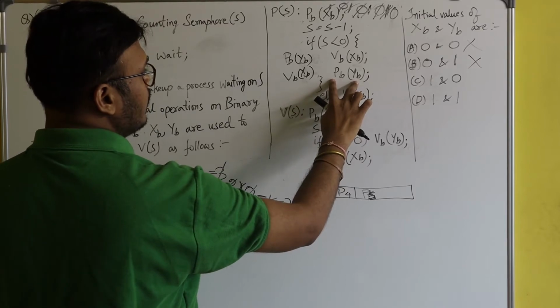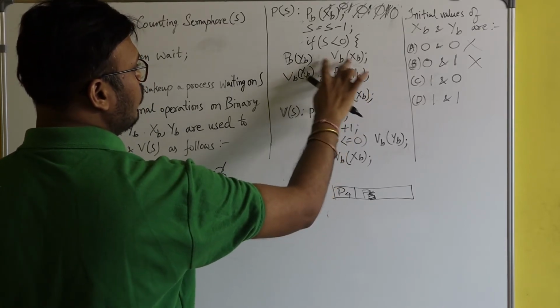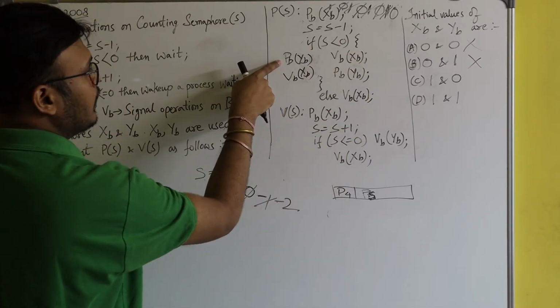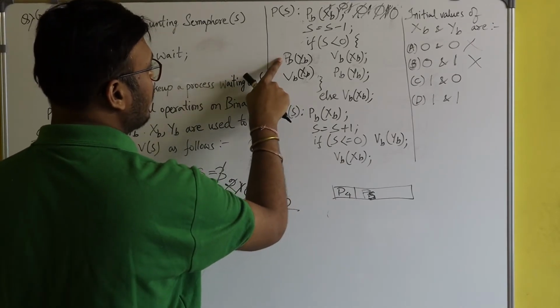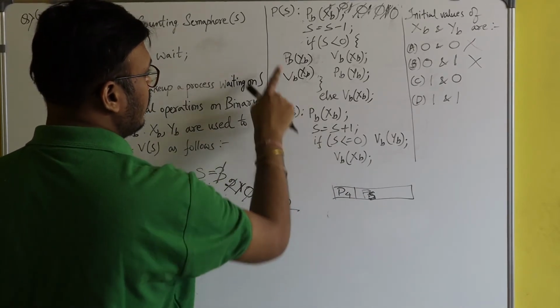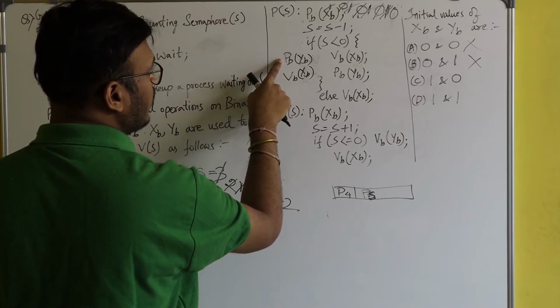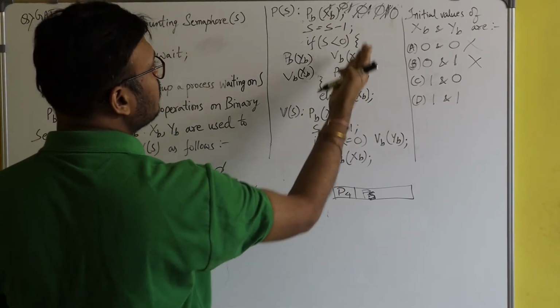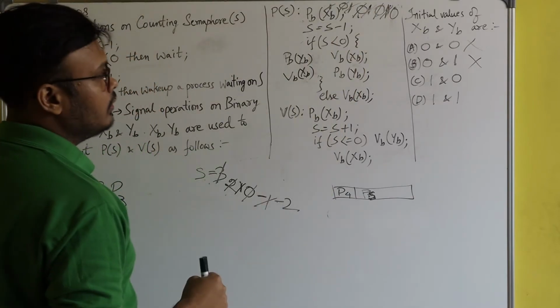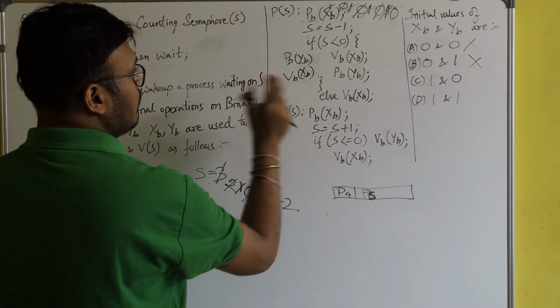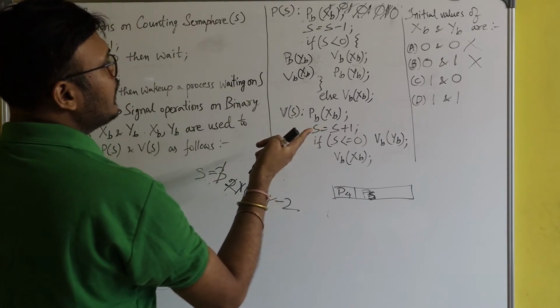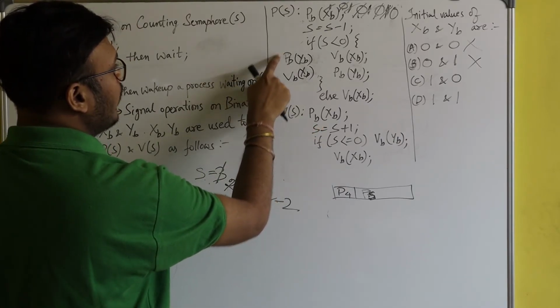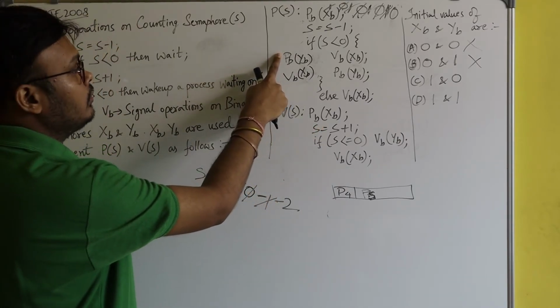Suppose PB is written before VB here, then what will happen? Here P5 will get blocked, and if P5 is blocked and the value of XB is 0, then who will give the signal to XB? Nobody can give the signal to XB, because at this point the processes are getting blocked.